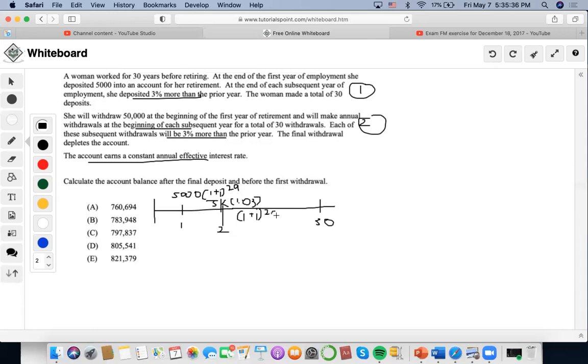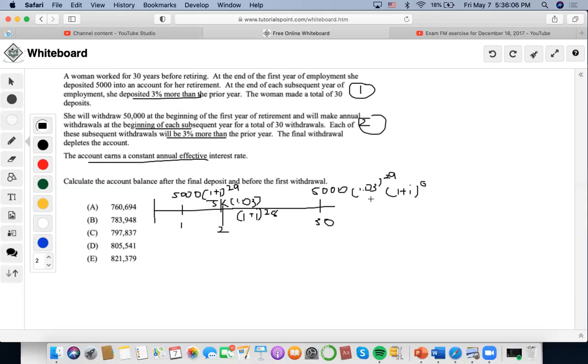Now, the sequence is going to go on up until time 30, when at time 30, it's going to be the base of 5,000 times the growth rate of 1.03 to the 29, since the exponent is always 1 less than the time that it's occurring at, times 1 plus i to the 0, right?